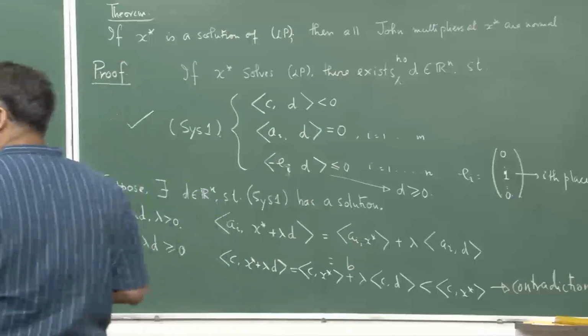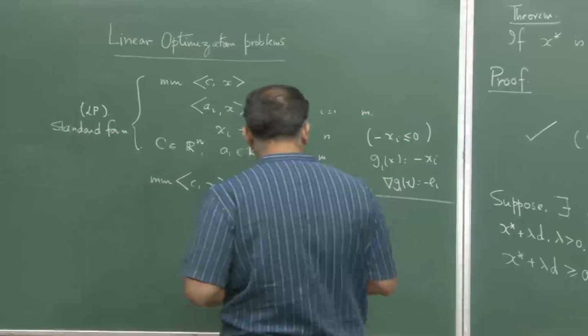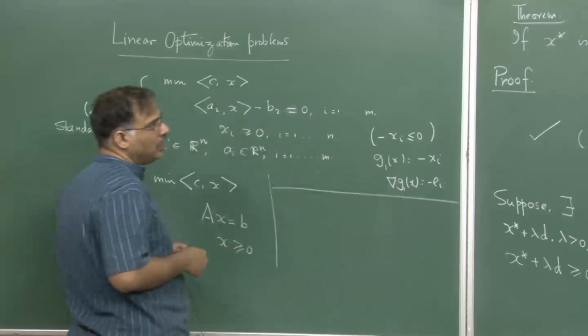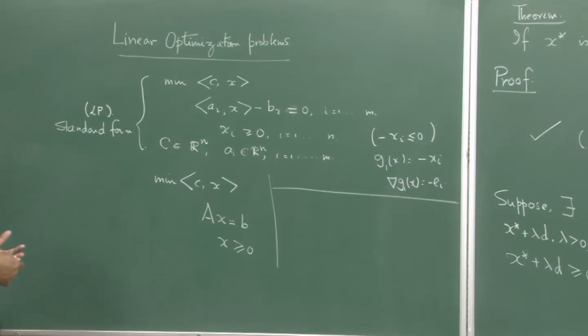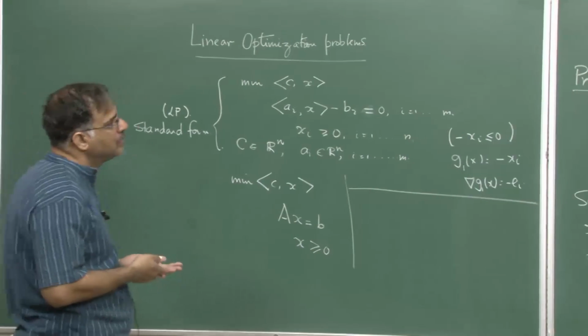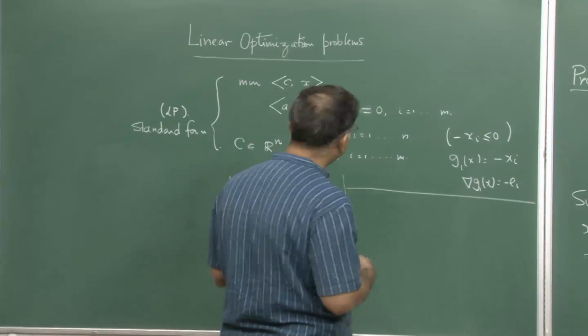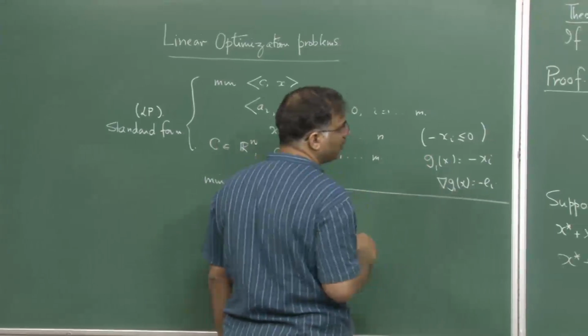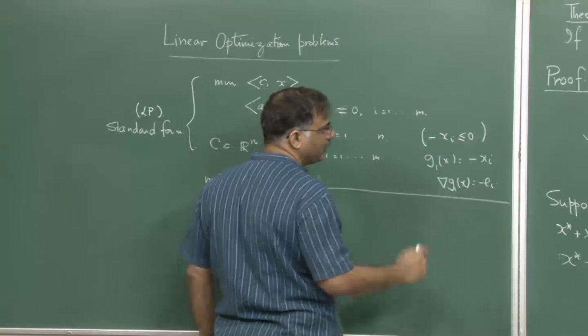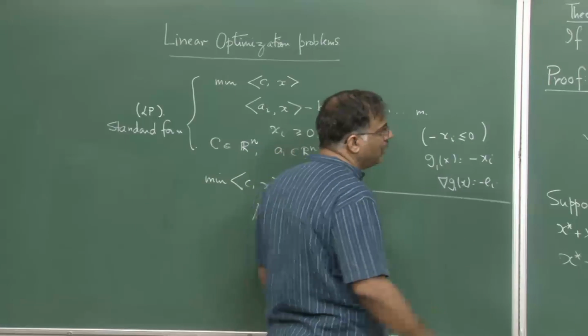Once that is done, we will see that by applying Motzkin's theorem of the alternative, we can now write down the Lagrange multiplier rule or the Karush-Kuhn-Tucker condition, whatever you want to call it, or the Fritz-John condition.